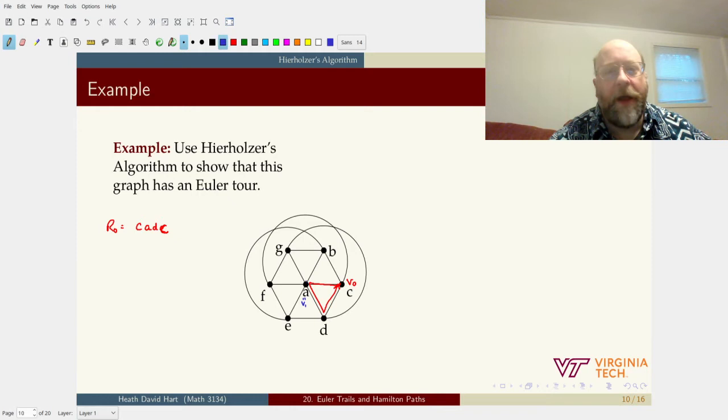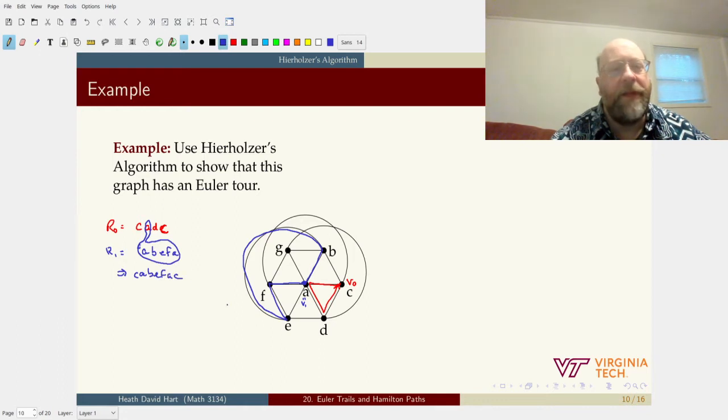And we travel around from A until we get back to A. So this time we might go B, we might go around the circle, up to F, then back over to A. And so R1 is A, B, E, F, A. And we merge that by substituting all of that in just for the letter A. So that gives us C, A, B, E, F, A, C.